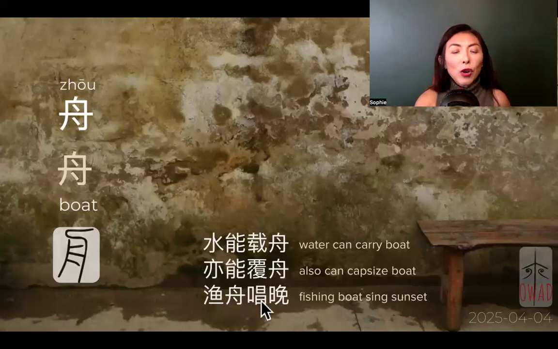Okay. 渔舟唱晚 is the title of a famous ancient Chinese classical music piece that's played by either 古琴, I forgot how many strings, probably 5 strings, or 古筝, that's 21 strings, or flute even.